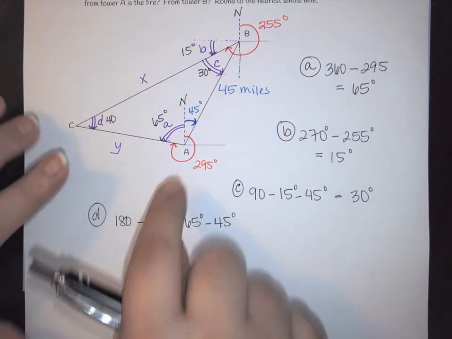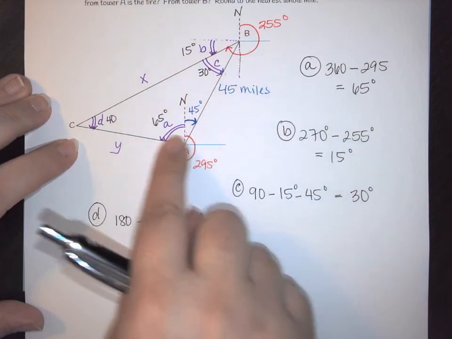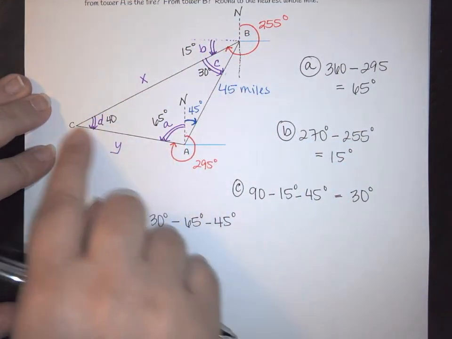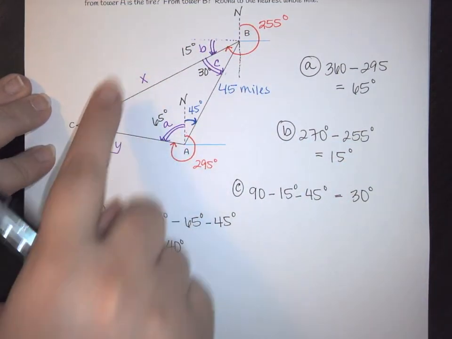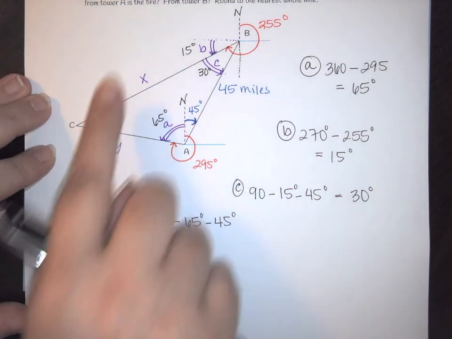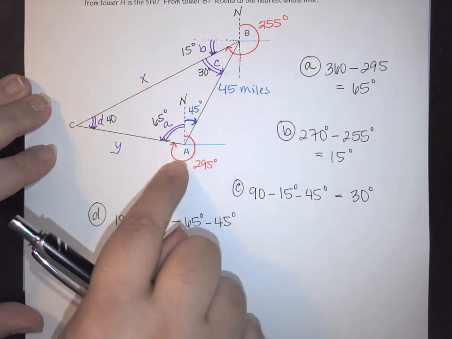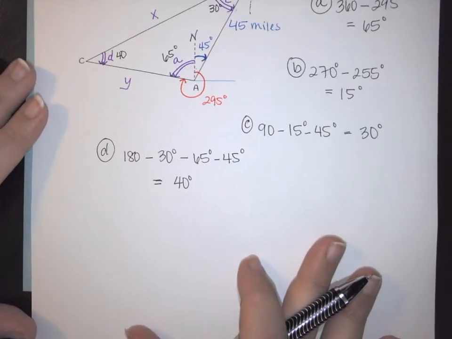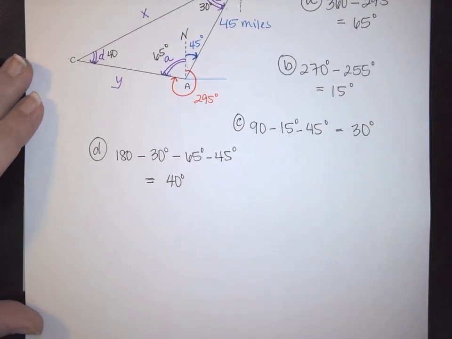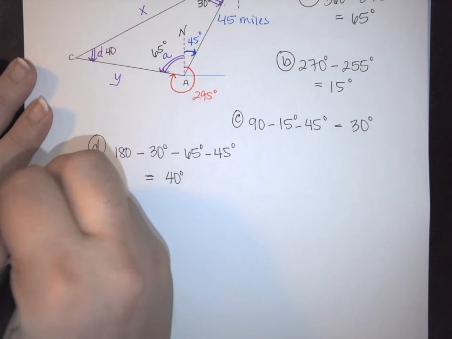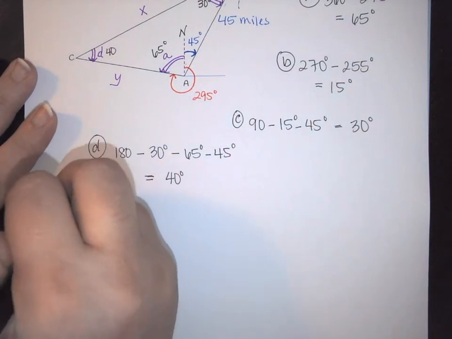Now furthermore, in order to actually use this information, I have to look at the missing pieces I have. I'm trying to find X and I'm trying to find Y. So I need to know the full angle A here. So I need to make myself a little note so that I know exactly what's going on. Here's my little note to myself, which is going to help.